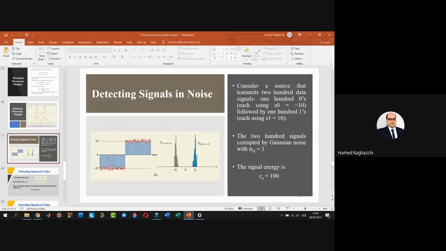Okay. We produce the signal, actually the source produces 200 data signal, 10 and minus 10. So we suppose that minus 10 is S0 and 10 is S1.